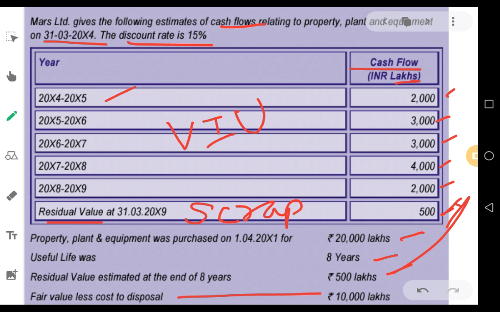Then compare the fair value and value in use. Whichever is higher will become your recoverable amount. Once you get the recoverable amount, carrying amount minus recoverable amount gives you the impairment loss.